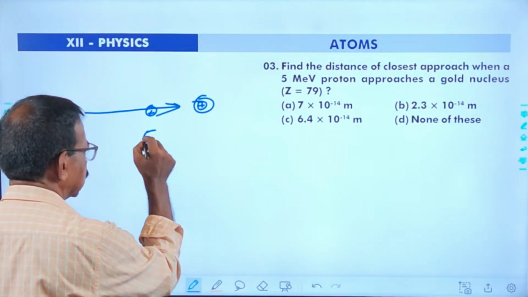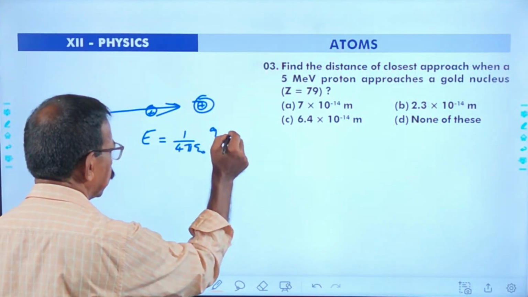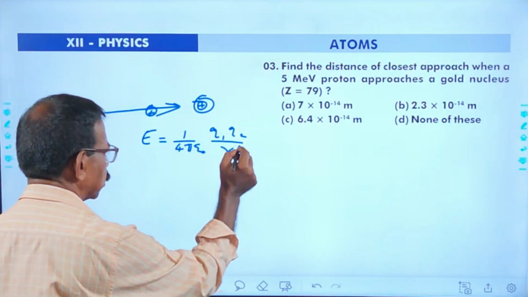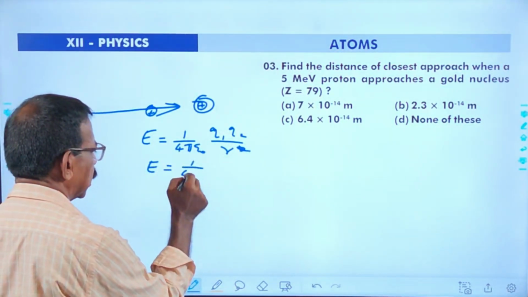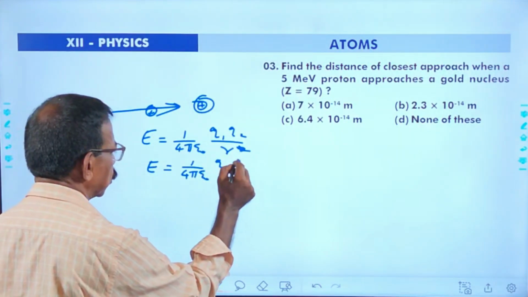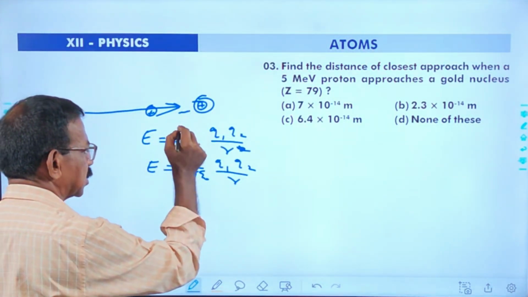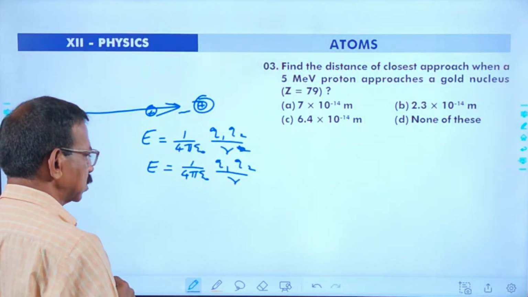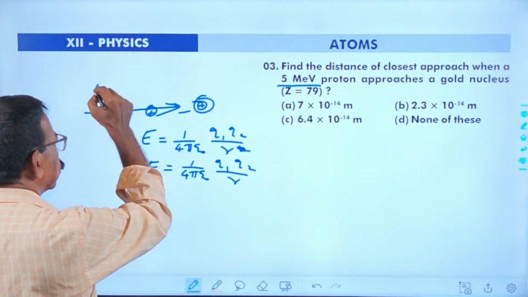This energy is equal to the potential energy, that is 1 by 4 pi epsilon 0 Q1 Q2 by R. The distance up to which it approaches, at which there is potential energy to retain it and then return it back. This energy is 5 MeV, mega electron volt.